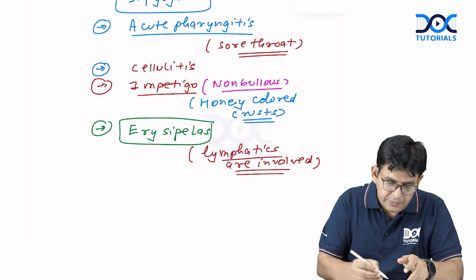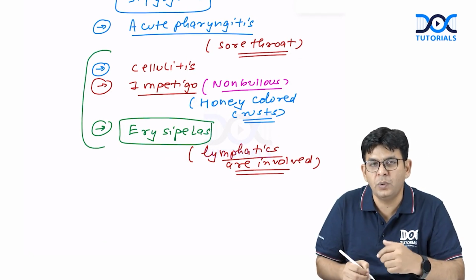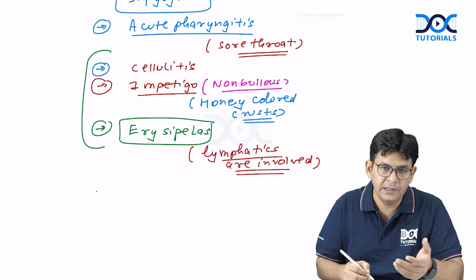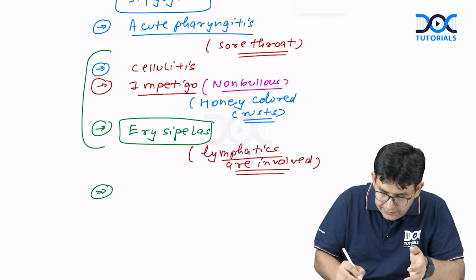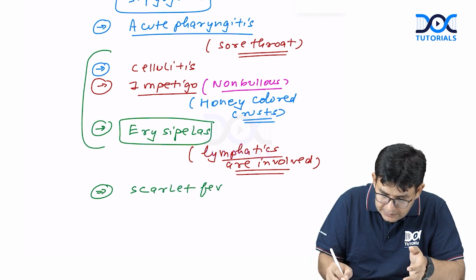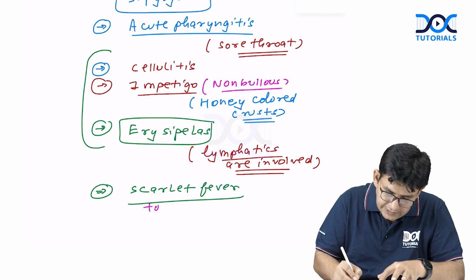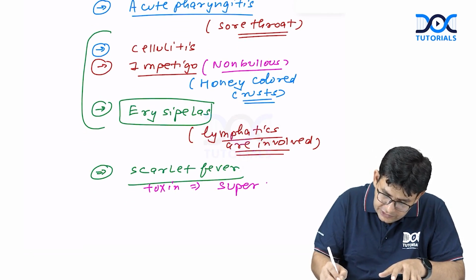Now, besides all these skin conditions, what else can happen in the case of skin involvement? Basically, this can also happen: scarlet fever. And the scarlet fever toxin only is termed as the super antigen of Streptococcus pyogenes.